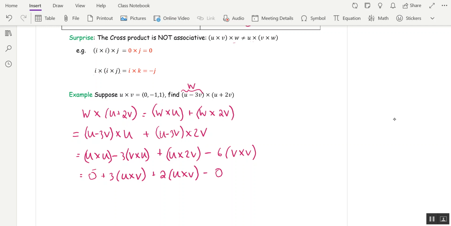And this is the 0 vector, and that's the 0 vector. Okay, so that's 5 u cross v. Finally, I'm done. That's 5 u cross v, which is 0, negative 1, 1. So I get 0, negative 5, 5.